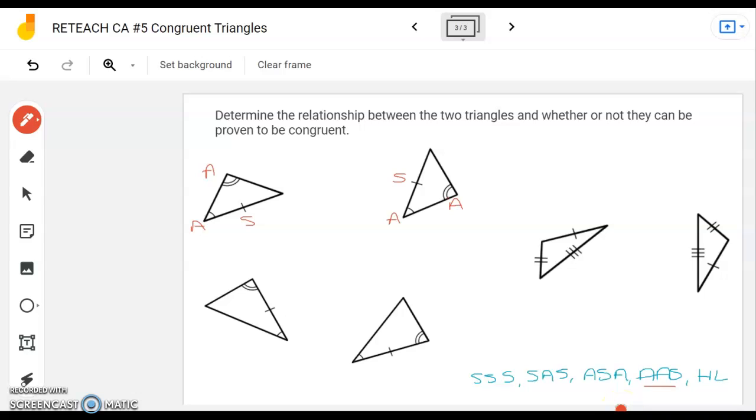And one of the things that I noticed on the test is that they shared a side. They had a reflexive side. So maybe you didn't know to count that, or maybe you didn't know what order to go in, because if I go counterclockwise here, I have angle, angle, side, but maybe you went clockwise and you had side, angle, angle. Well, side, angle, angle was backwards from that one.